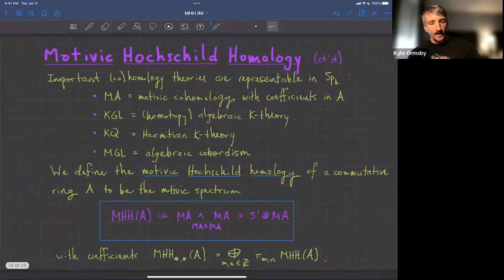But that sets our grading. Everyone here is familiar with the many wonderful inhabitants of this category, whether it's motivic homology, algebraic K-theory, Hermitian K-theory, or algebraic cobordism. Of course, I should probably add to this list the motivic sphere spectrum.